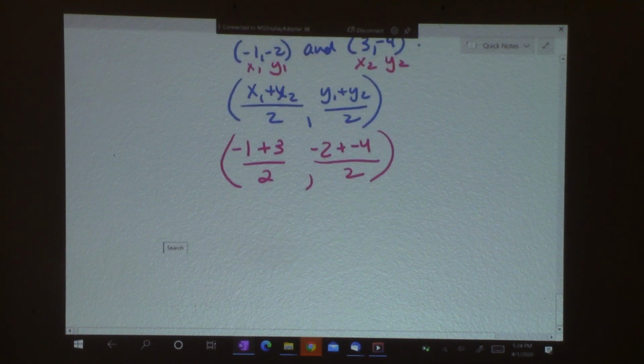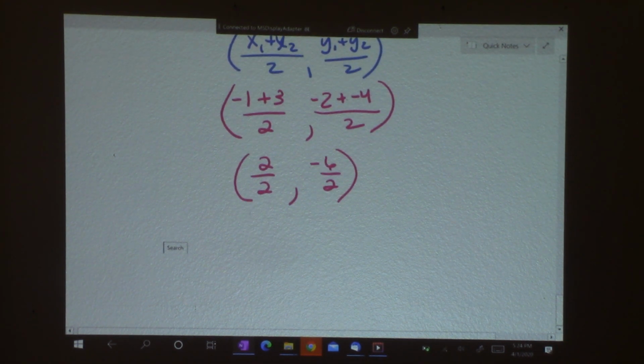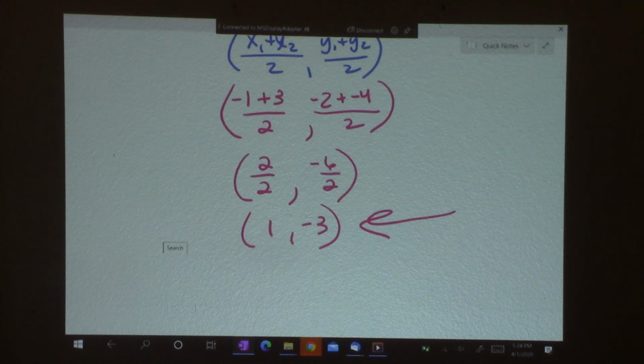Okay. So I just have to simplify. -1 plus 3 is 2. -2 and -4 is -6. Okay. Let's just keep simplifying. All of a sudden, it becomes just a point. So (1, -3) is the midpoint.